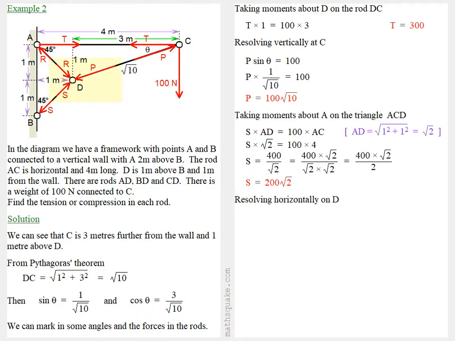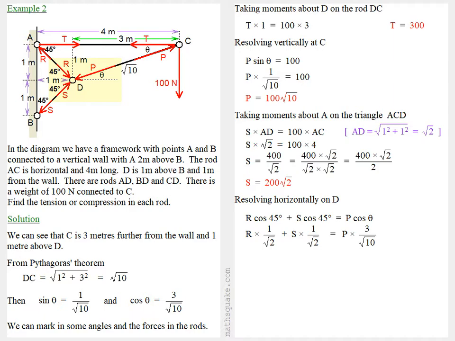Now resolving horizontally on D, we have R cos 45 plus S cos 45 equals P cos theta. Now the cosine of 45 is 1 over root 2, and the cosine of theta is 3 over root 10. So we have R times 1 over root 2 plus S times 1 over root 2 equals P times 3 over root 10.